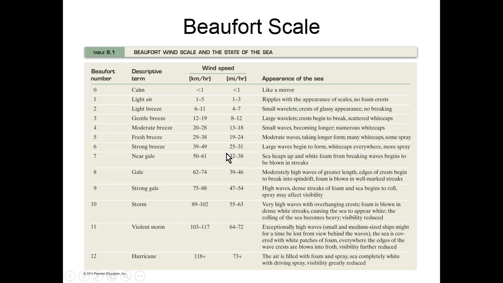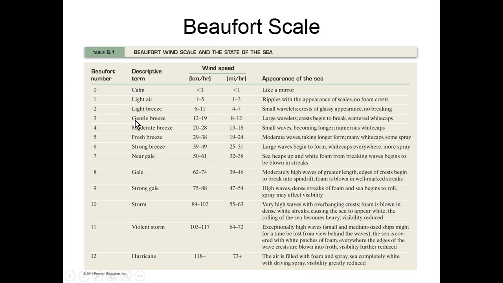Okay, and this is called the Beaufort scale, or the Beaufort wind scale, that tells you the state of the sea that develops from that wind. Okay, so we have Beaufort numbers 0 to 12, where 0 basically means that the water is glassy and you can see your reflection in it. 12 is a hurricane. Generally, if you get to 3, then you're starting to see white caps on the water.